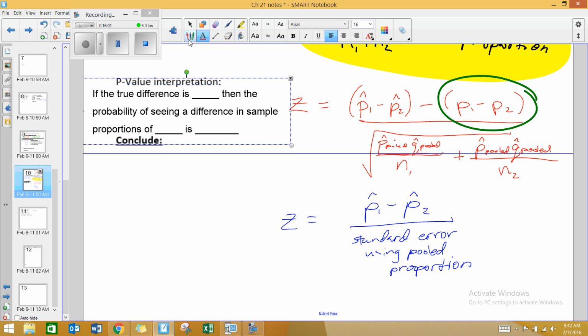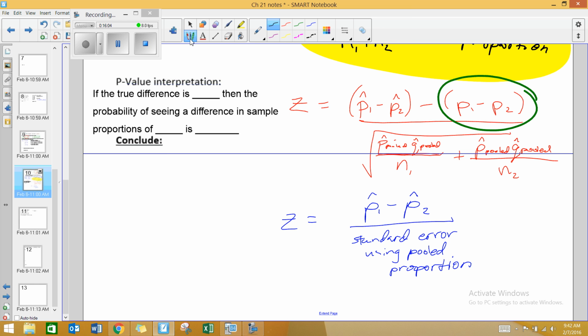That's kind of your template, and that's the exact same that we saw in the last chapter.